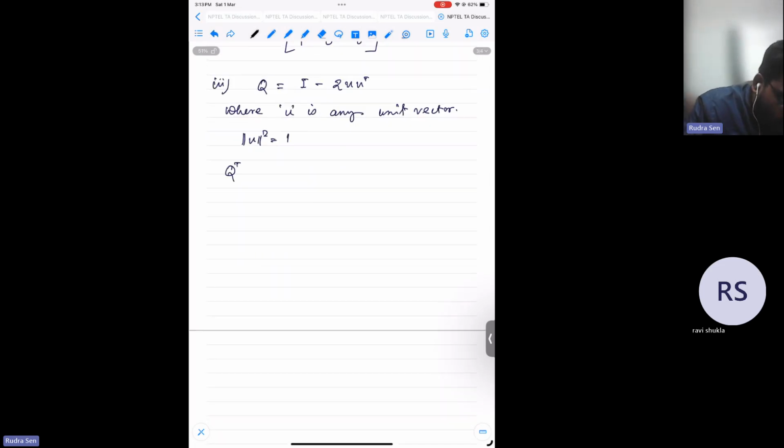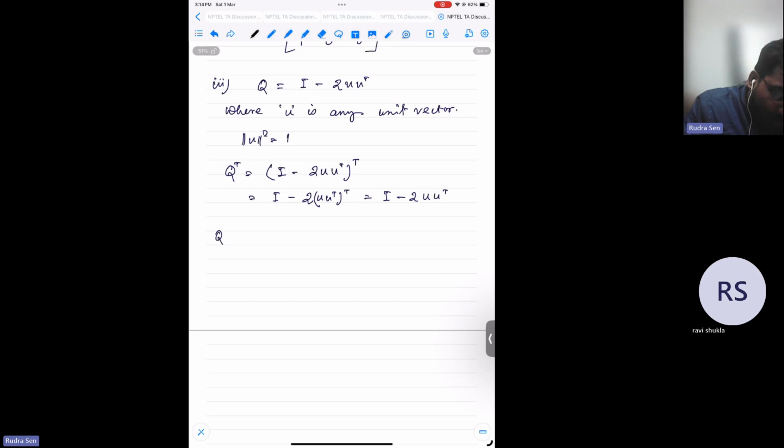If we take Q transpose, which is also Q inverse, we get I minus 2 u u transpose. Since 2 is a scalar, we do not need to do anything to it. The transpose of u u transpose is u u transpose.